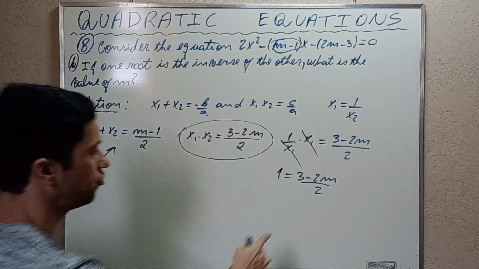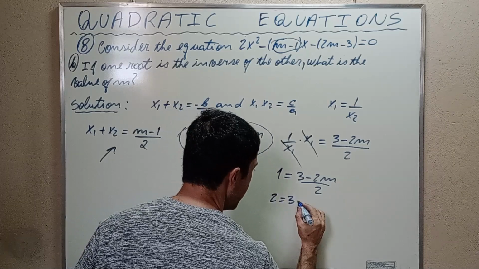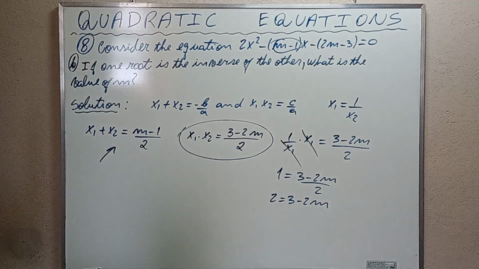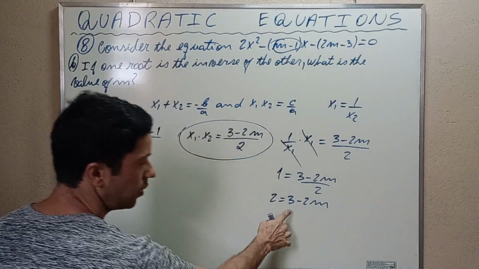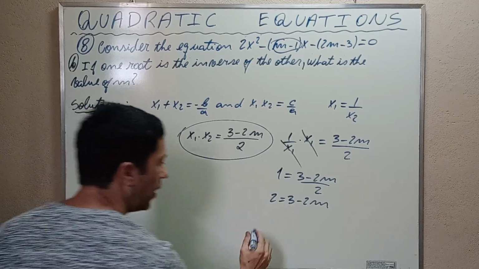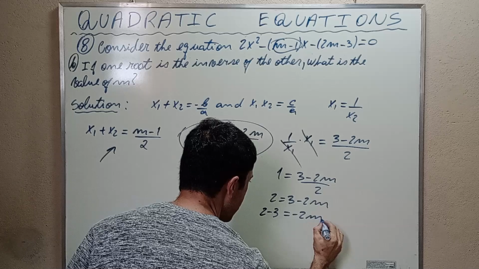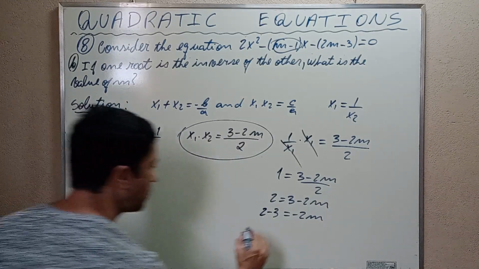I pass the 2 multiplying here, 2 is equal to 3 minus 2m. Passing this to this side, 2 minus 3 is equal to negative 2m. 2 minus 3 is negative 1.